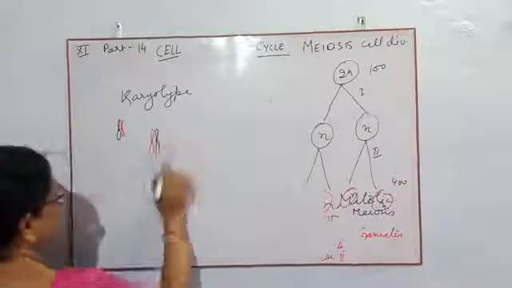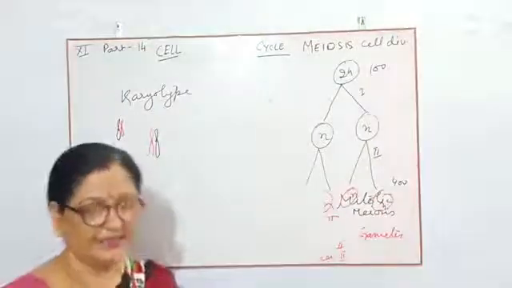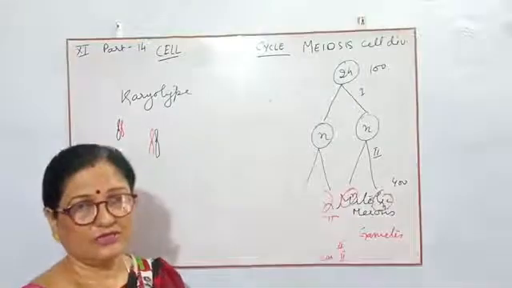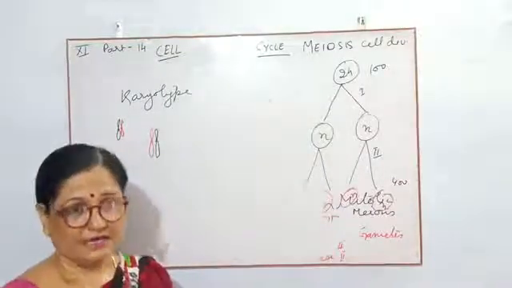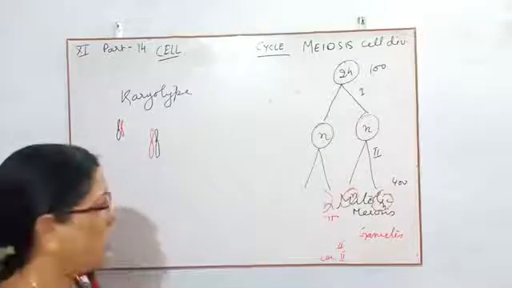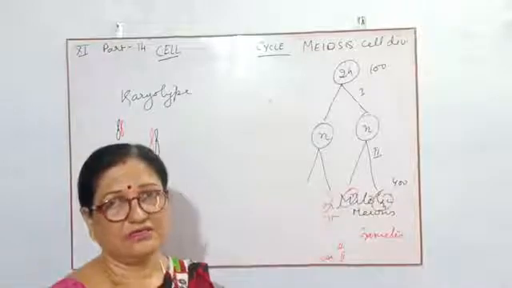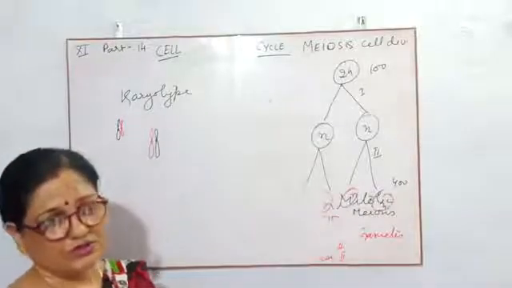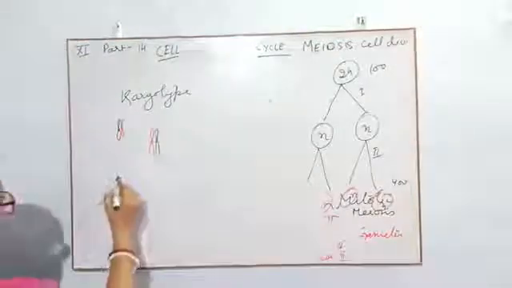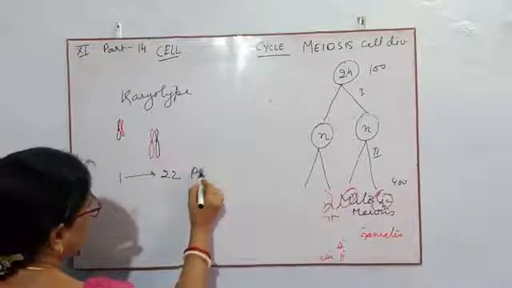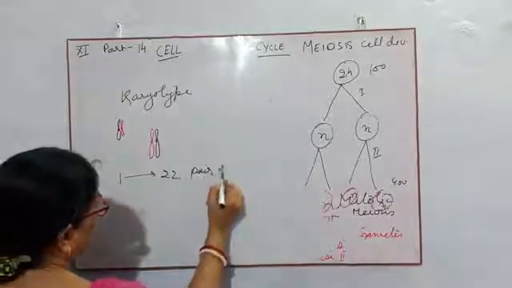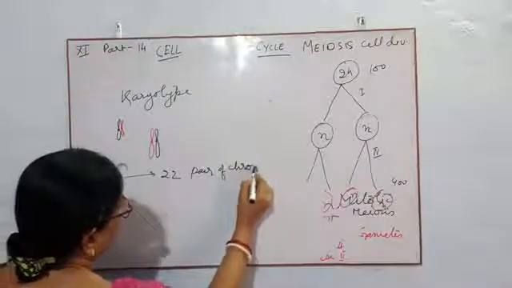This is the karyotype analysis by which anything can be suggested, and then doctors can say about the character, or scientists can get answers for the different characters, how they are synapsed with each other, how they become homologous. So in male or female, 1 to 22 pairs of chromosomes remain the same.